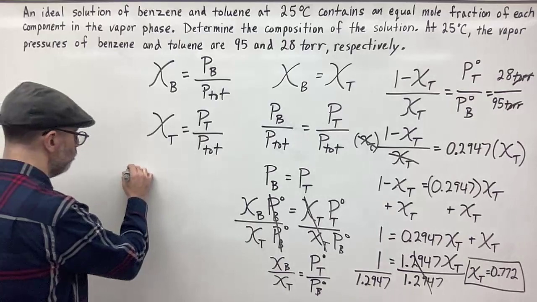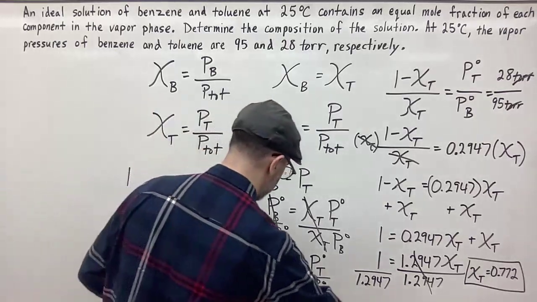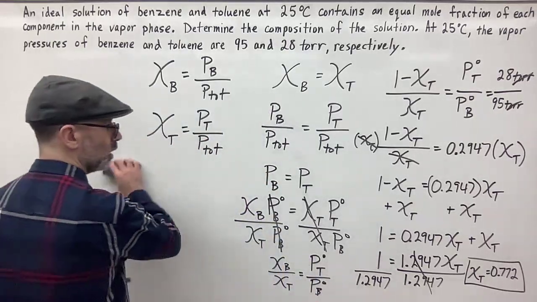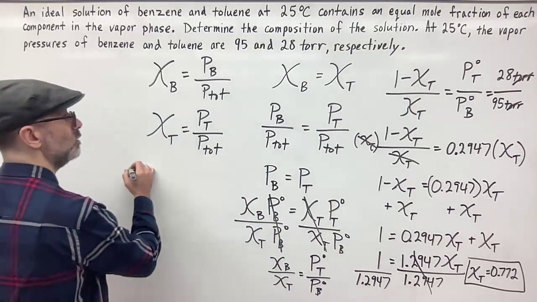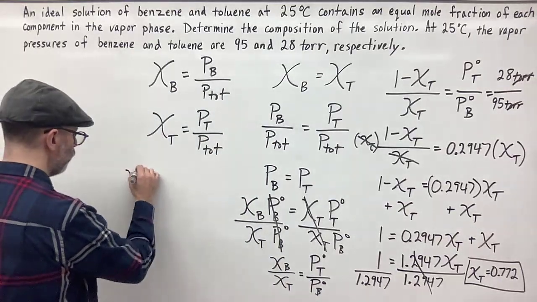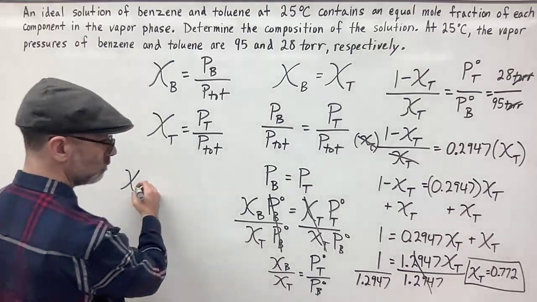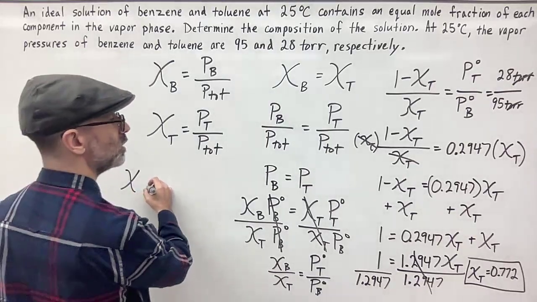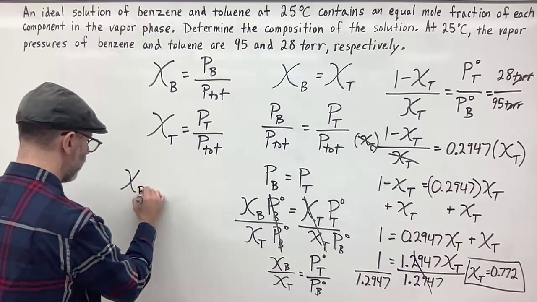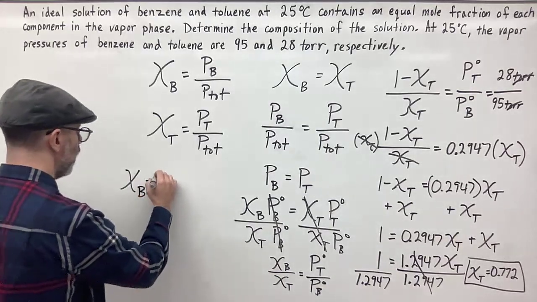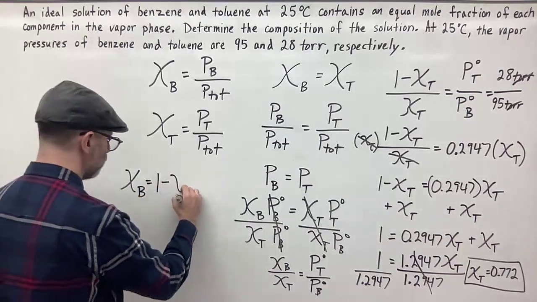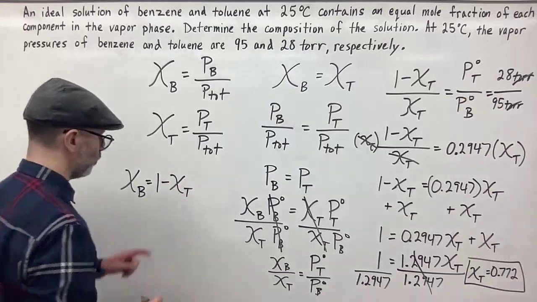So we said that the mole fraction of benzene is equal to 1 minus the mole fraction of toluene.